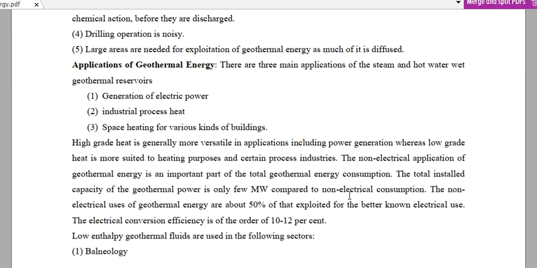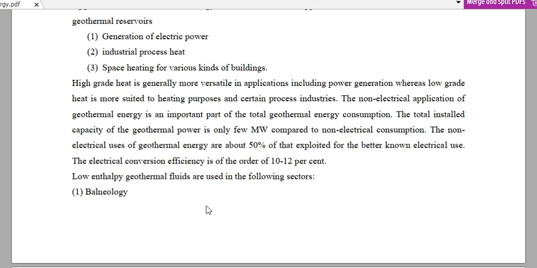So what are the applications of low enthalpy geothermal fluids? These are the following. Number one is balneology. It is basically a study of hot water springs for medicinal purposes.